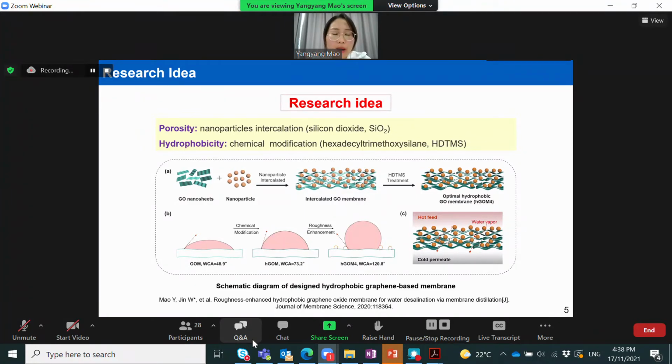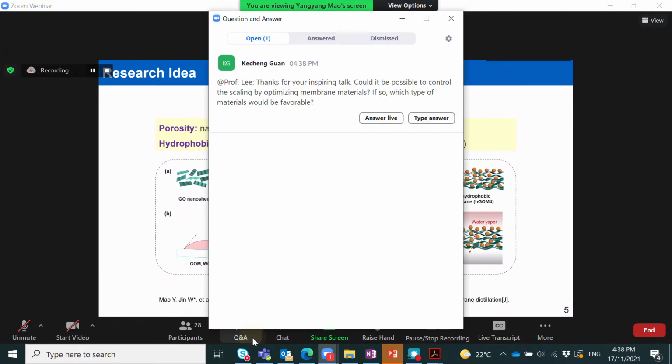I chose silicon dioxide nanoparticles to integrate with the graphene oxide to form the porous structure, and then we treated this porous structure with HDTMS solution to finally obtain the optimal hydrophobic and porous graphene-based membranes. And finally, we utilized this kind of membrane for vacuum membrane distillation.